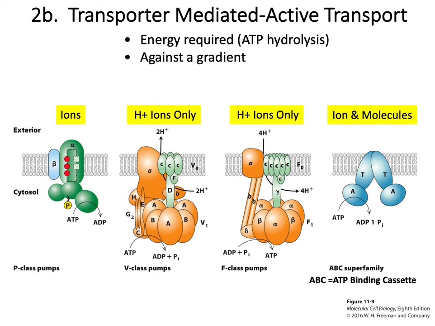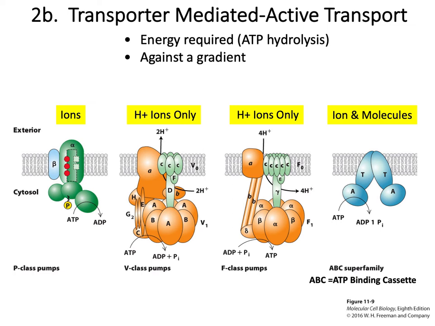This is carried out by active transport, and in this case, energy is required. In these examples, the energy is generated by hydrolyzing ATP. Active transport is carried out by what are known as pumps, which are ATP-binding protein complexes that harness the energy in ATP hydrolysis to move substances against their concentration gradient.